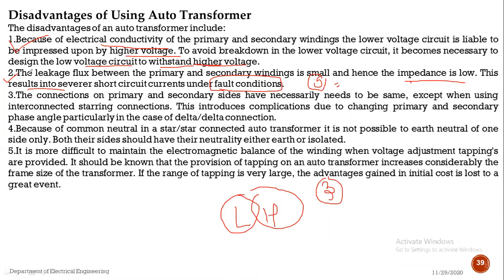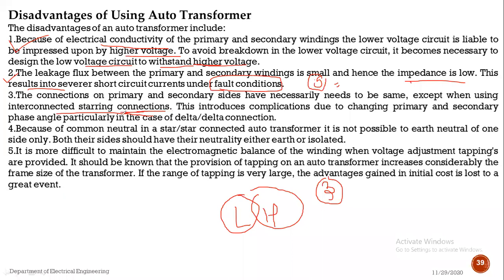Now the third one is that the connections on the primary and secondary side necessarily need to be the same, except when using an interconnected star connection.